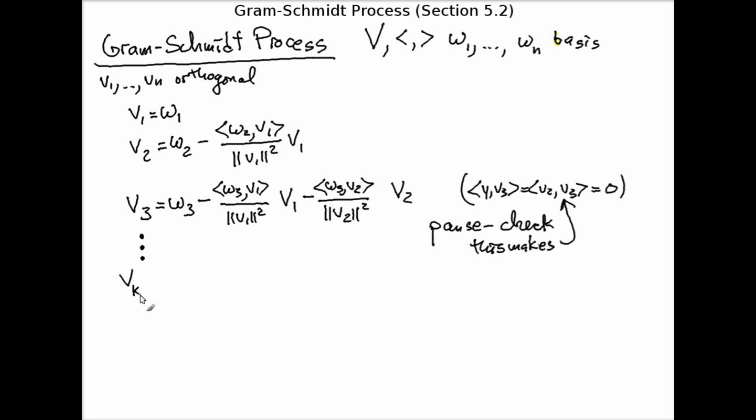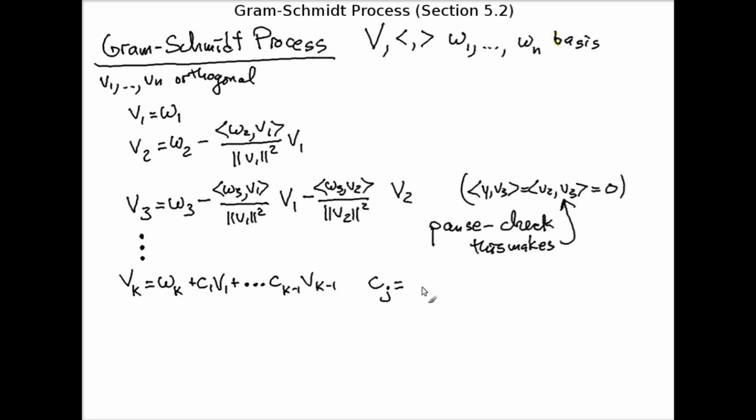So VK is WK plus, well, it's going to be some linear combination of the preceding V's. And the preceding cases suggest what a formula for CJ should be.